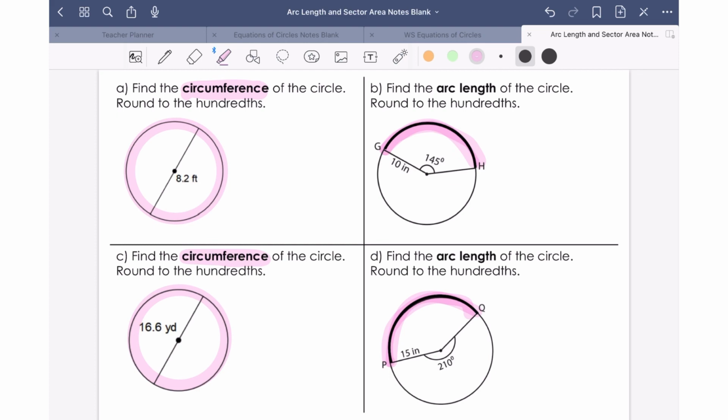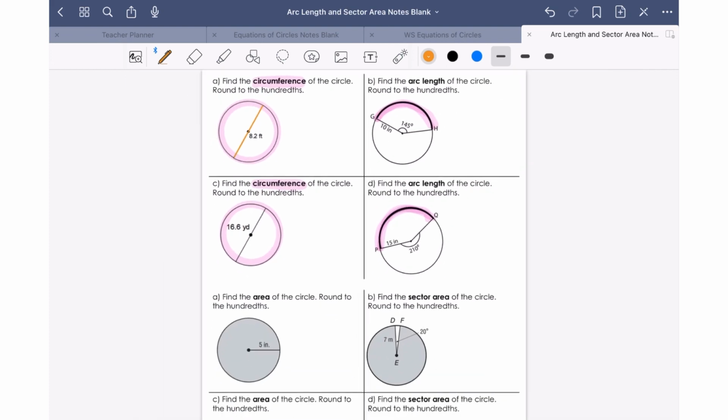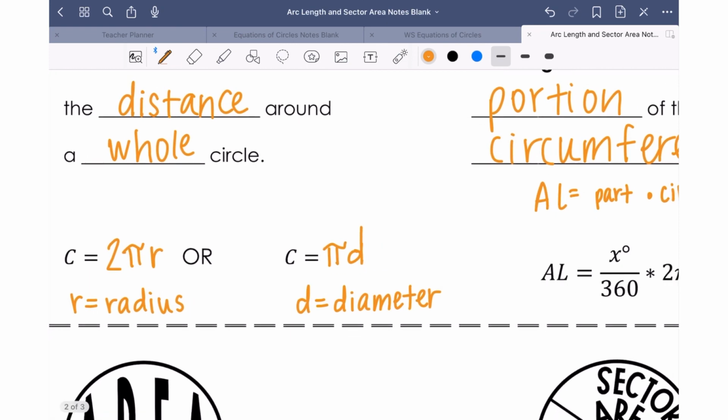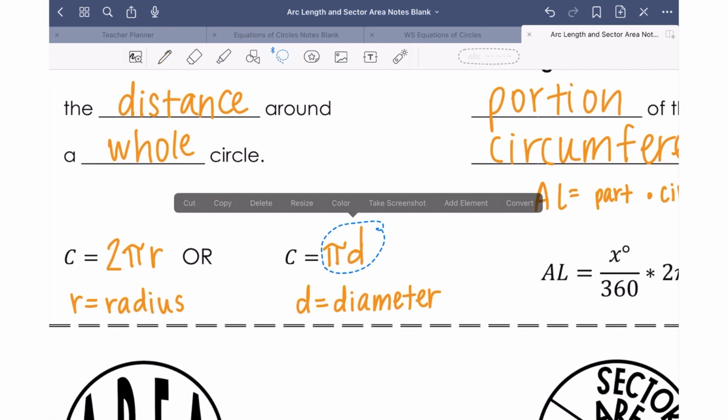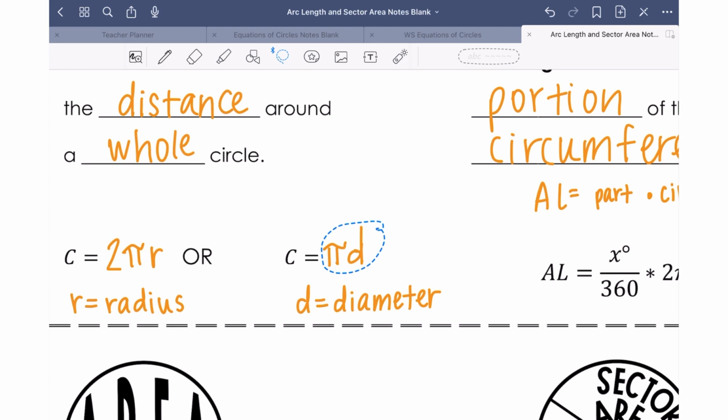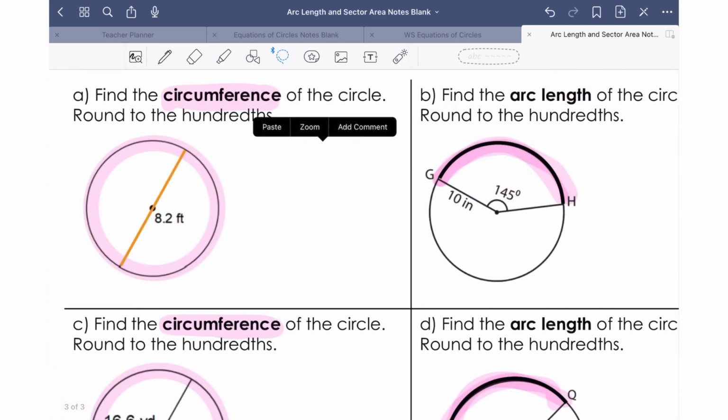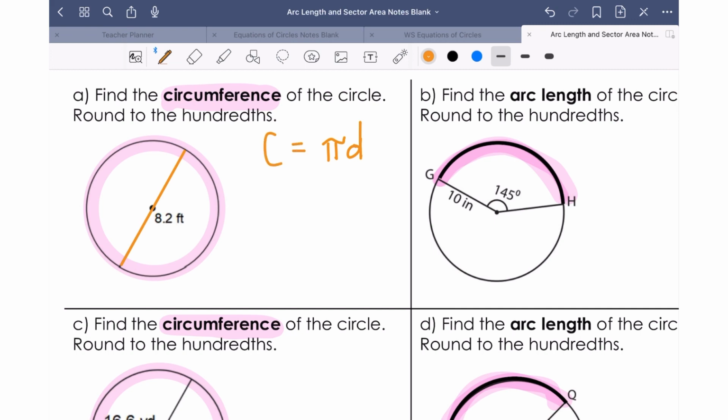For the first one, it says find the circumference, round to the hundredths. Based on the image they gave me, this is obviously a diameter length, 8.2. So I'm going to choose to use this formula, pi times diameter. Circumference equals pi times diameter. Then you just plug it in, pi times 8.2.